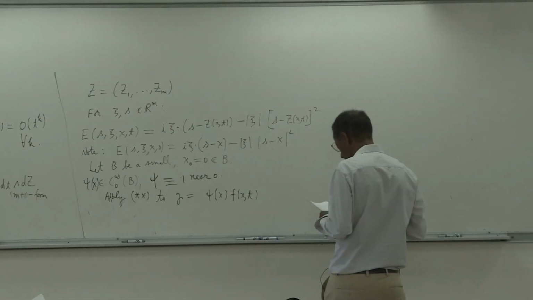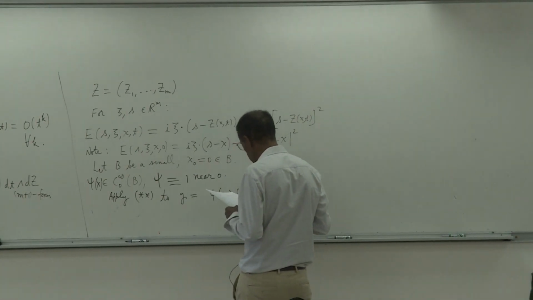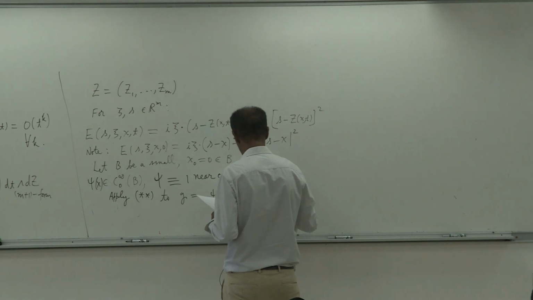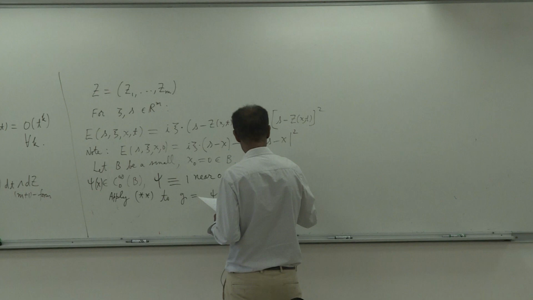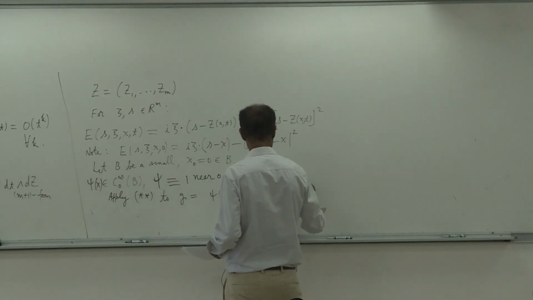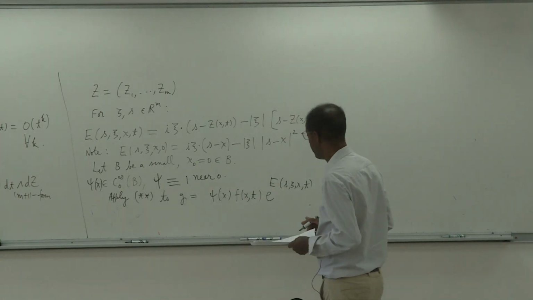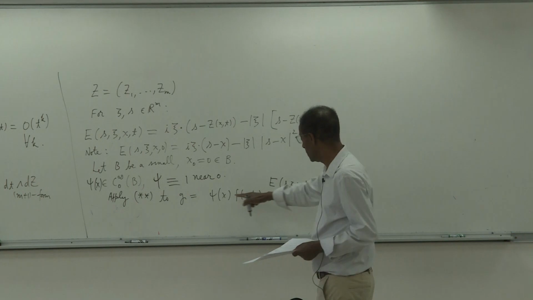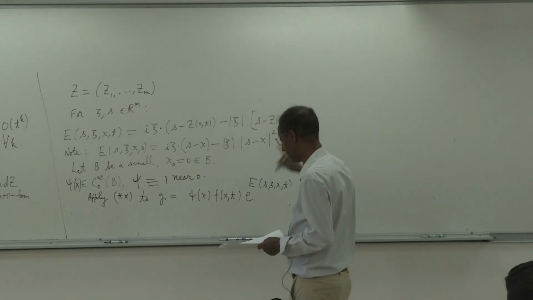So apply this to G equal to this times e, so here comes the exponential, to the power of E S C X T. So apply that. Okay, so when t equals 0, it is the integral of this that I have to estimate. That will give me the FBI transform, remember?